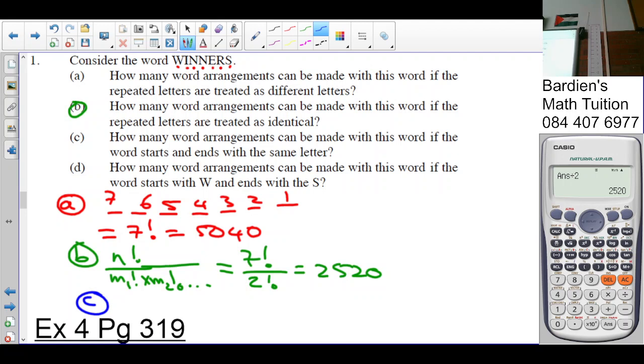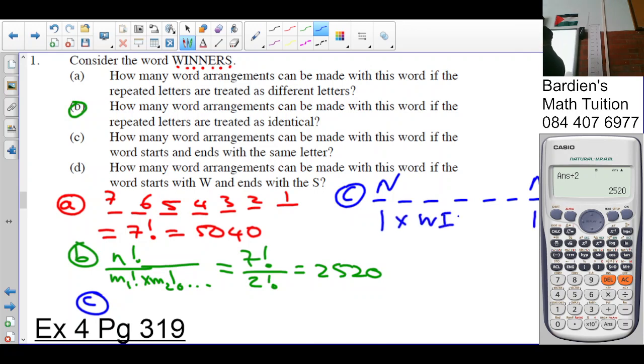How many word arrangements can be made with a word if the word starts and ends with the same letter? So if it starts and ends with the same letter, 1, 2, 3, 4, 5, 6, 7. So it has to start with a N and end with a N. How many options do I have here? 1 and 1. So what am I left with?